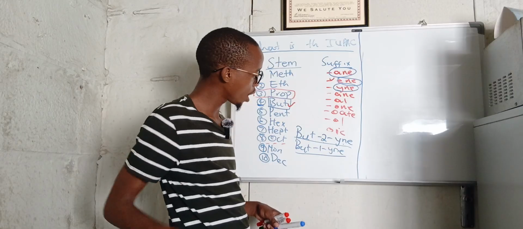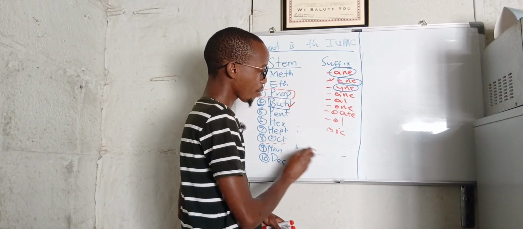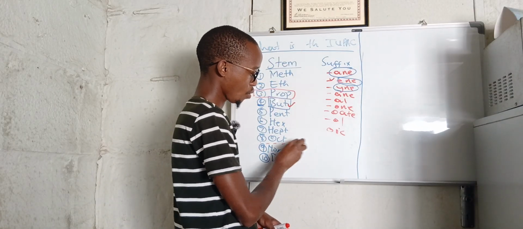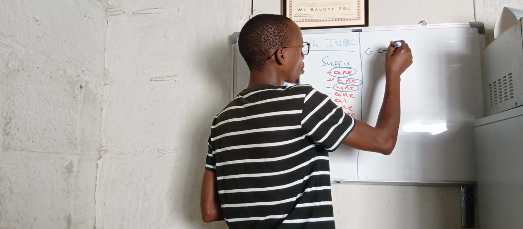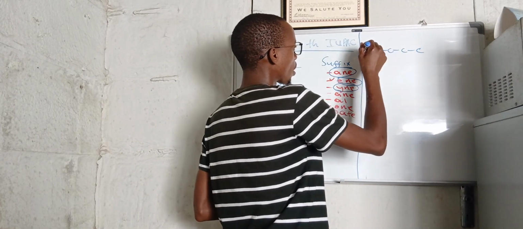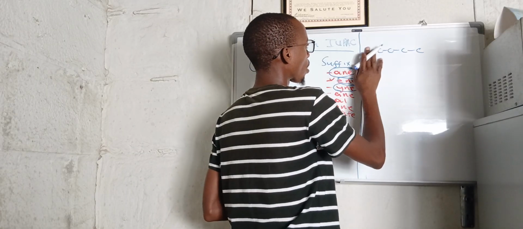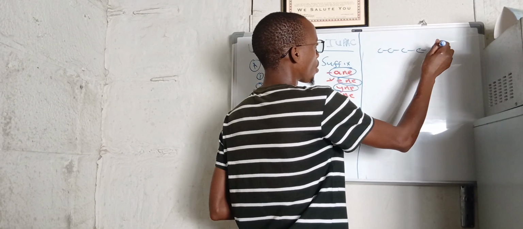Haloalkane, I said to you, comprises halogens. So I'm going to draw a structure maybe of 5 carbons, 1, 2, 3, 4, and 5.